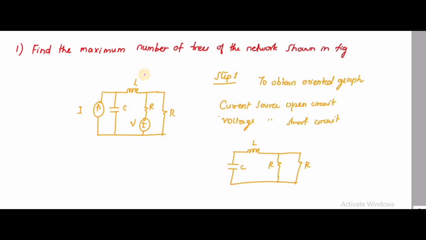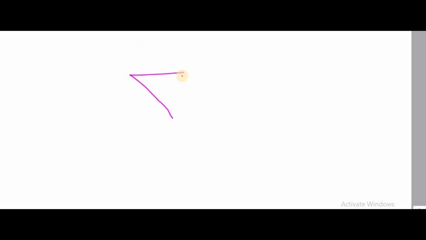Here you have L, and here you have C, and this is R, another R. I have also drawn the arrow marks.